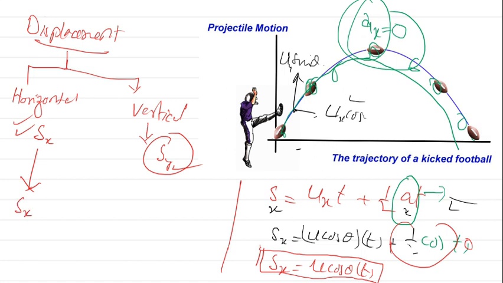Let me write it again. Here finally we got the formula: x is equal to Ux, the horizontal component, u cos of theta into t.